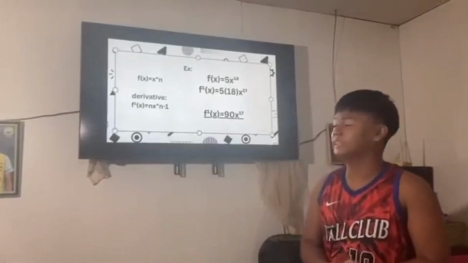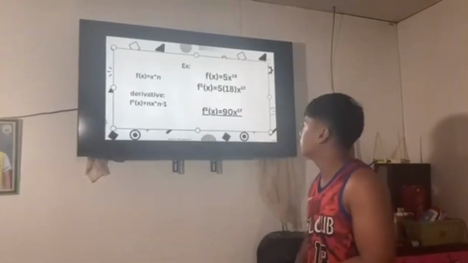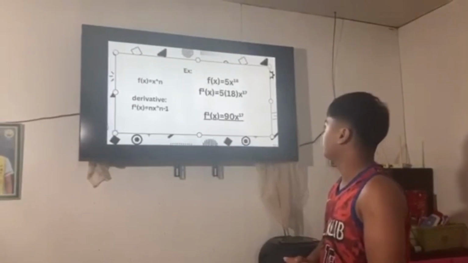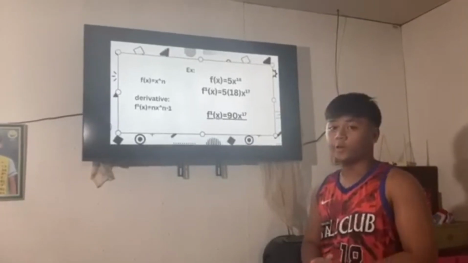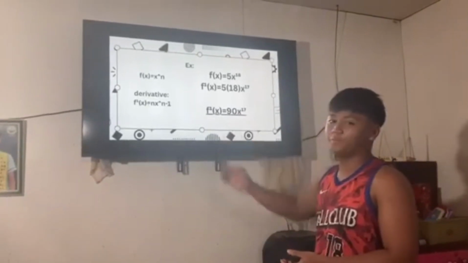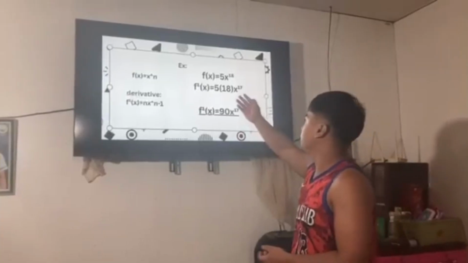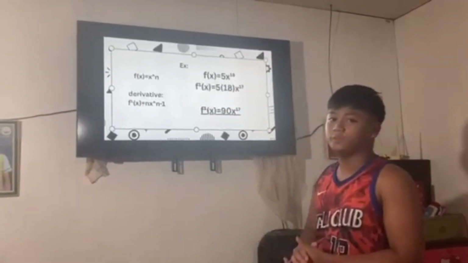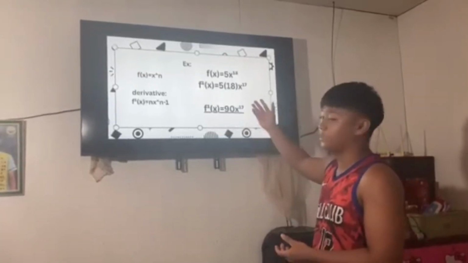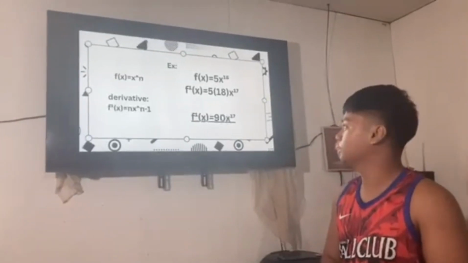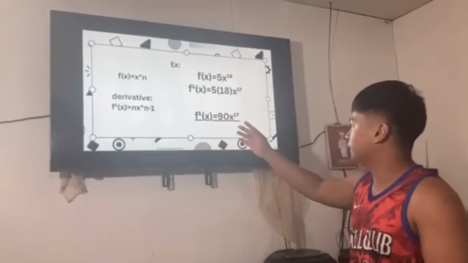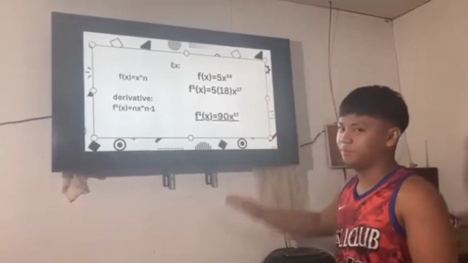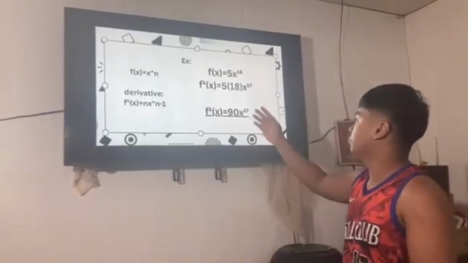So let's solve this example function. f(x) equals 5x to the power of 18. We all know that in getting the derivative, we simply multiply the exponent to the coefficient, and after that we subtract the exponent by 1, and that leads us to f prime of x equals 5 times 18 x to the power of 17, and we simplify it.